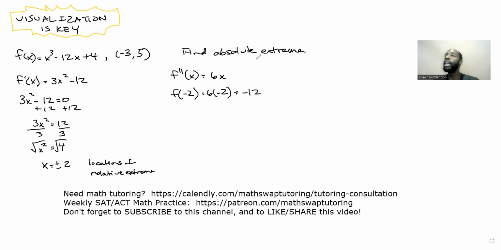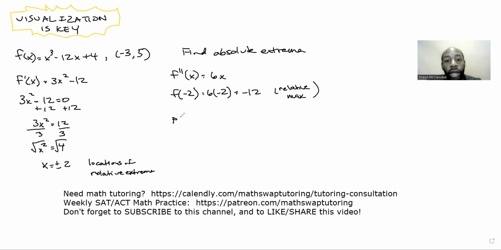So remember, if the second derivative is negative at that extrema value, then the first derivative is going from positive to negative. So that means you're dealing with a relative maximum. I should say relative max.